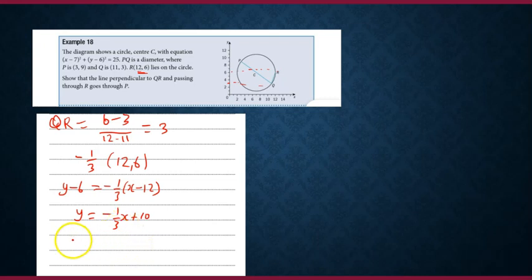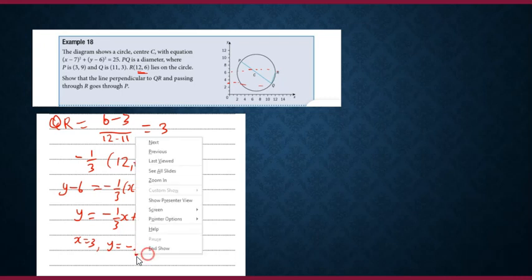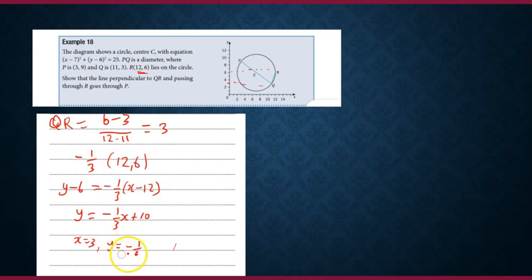So when x is equal to 3, y is equal to negative 1 over 3 multiplied by 3, and if we add 10 to the equation, this is going to be 9.